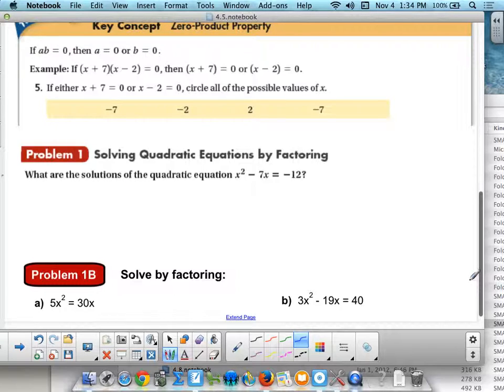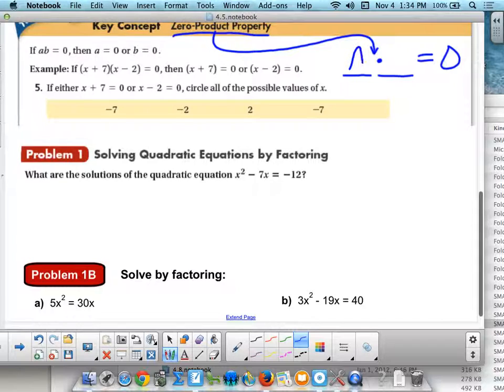And here it is. How do you find the zeros? You use the zero product property. Take a number times a number and you get what? Zero. For this to happen, this number we're just going to call A, and this one we're going to call B. For A times B to be equal to 0, what do we know about A or B?